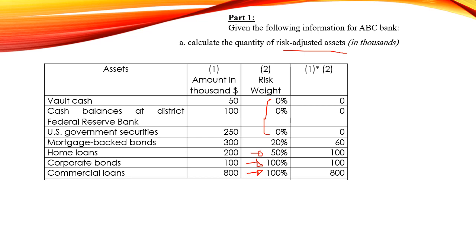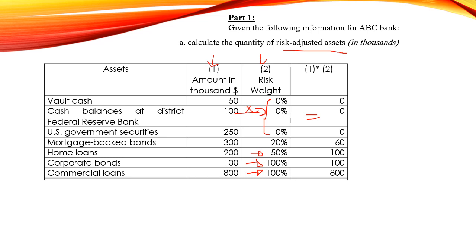So, after determining the risk weight, we need now to determine the amount of risk-adjusted assets. So we need to multiply column number 1 by column number 2. So $50,000 times the 0%, so it's 0. 100 times the 0 is equal to 0. 250 times 0 is 0, and so on.